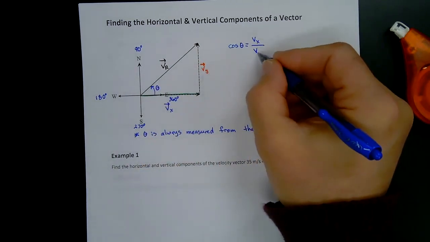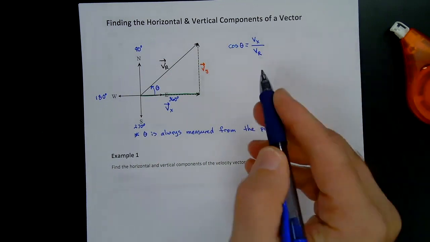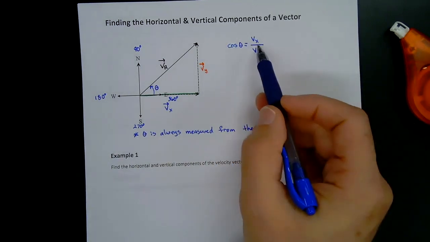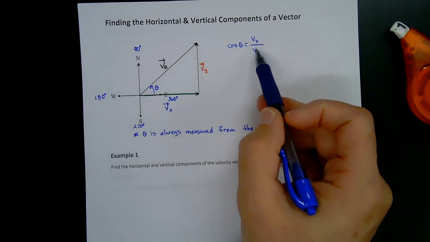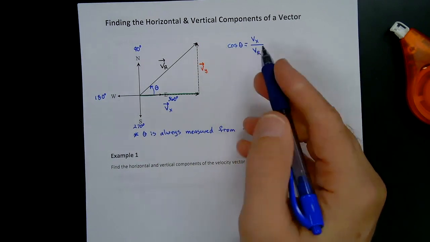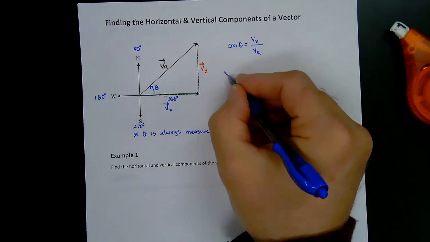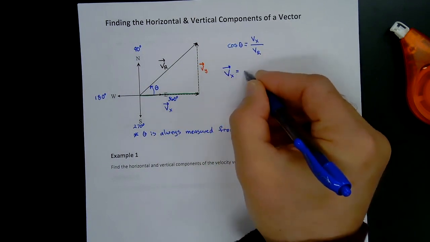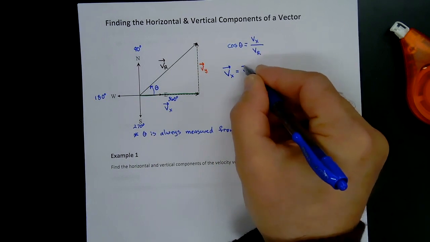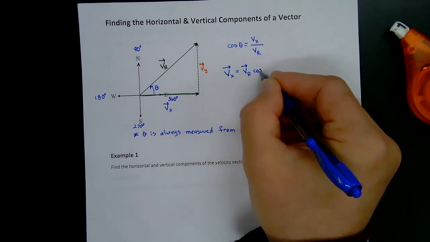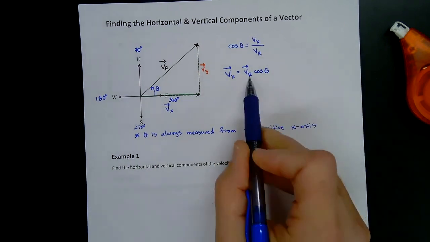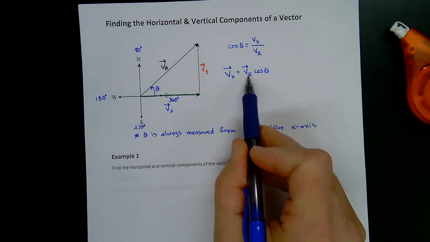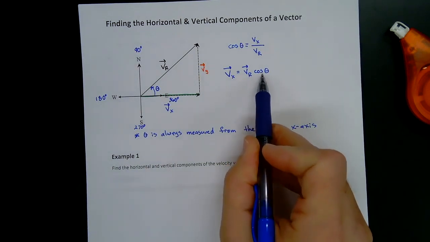That's going to be the vector I give you. Okay. So once again, I left off the arrows, right? Okay. So you can multiply both sides and you get the horizontal component v sub x is equal to v sub r cosine of angle theta. Okay.